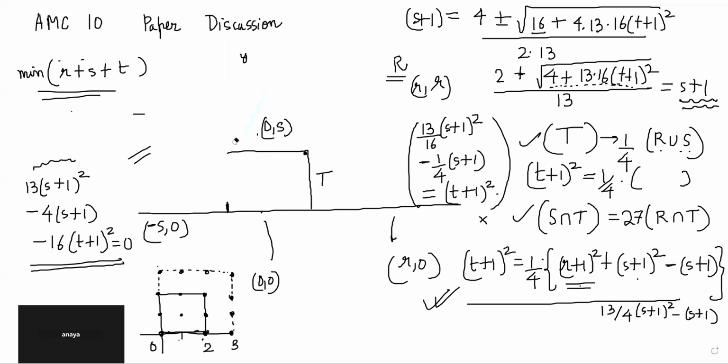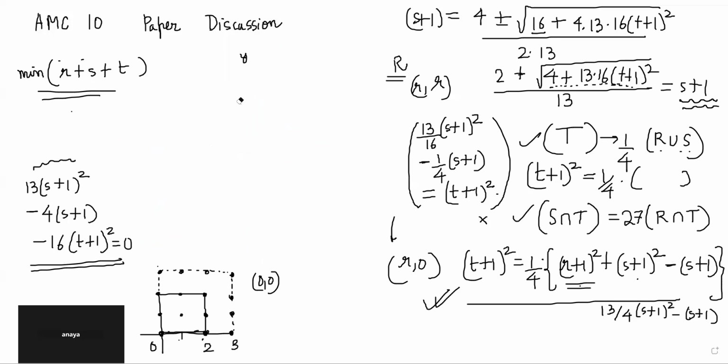So first of all, we will write the first relation that we had, T plus 1 whole square and all, no? That relation was there already. R plus 1 whole square was 9 by 4 times S plus 1 whole square, right? Yeah.